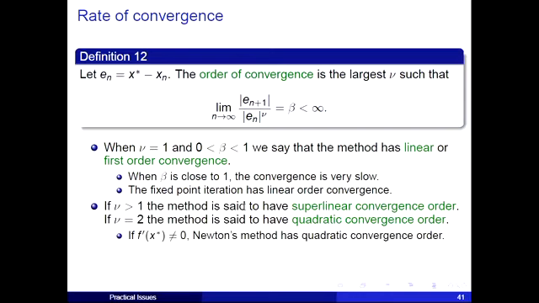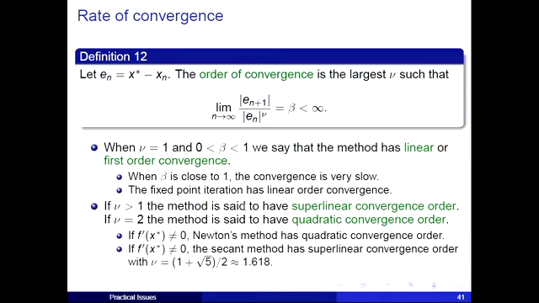For the secant method, people can prove that it has order of convergence equal to the golden ratio, which is bigger than 1 but less than 2. In this case they call it superlinear convergence. They don't call it quadratic, but superlinear. So more than linear, linear is order 1, quadratic is order 2, but this one is in between.